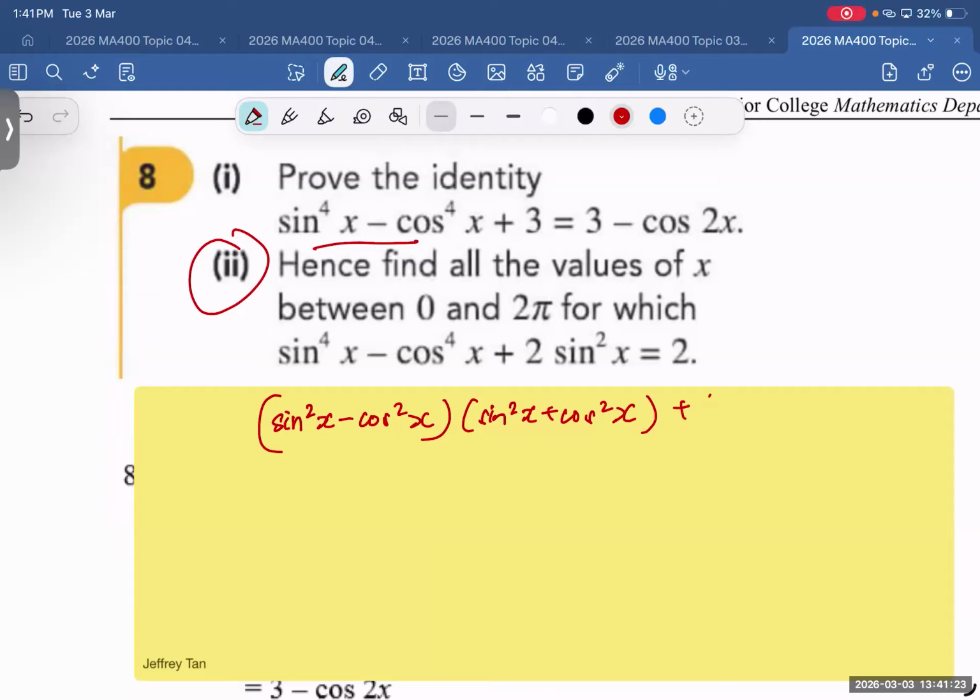So what is sine square plus cos square? If you are sine square, I'll be cosine square. Together will be what? What is sine square x plus cos square x?